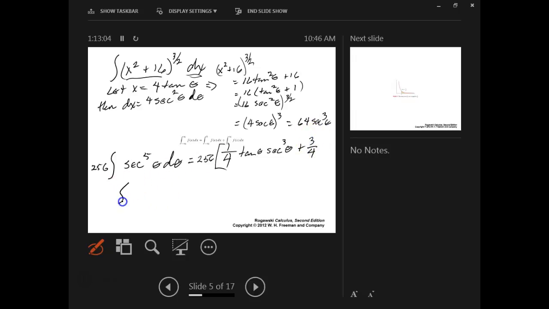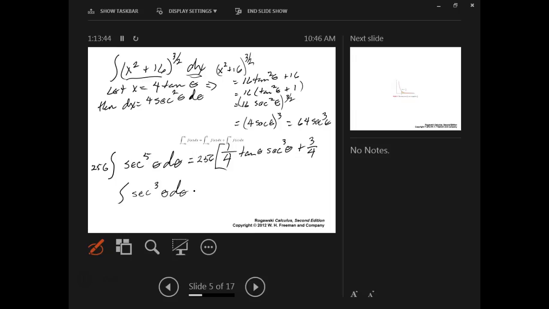Now I have an integral coming up there that I don't have room for. And what would that be? Secant cubed theta d theta. But if you look over to number 42, you don't have it? Okay, too bad.